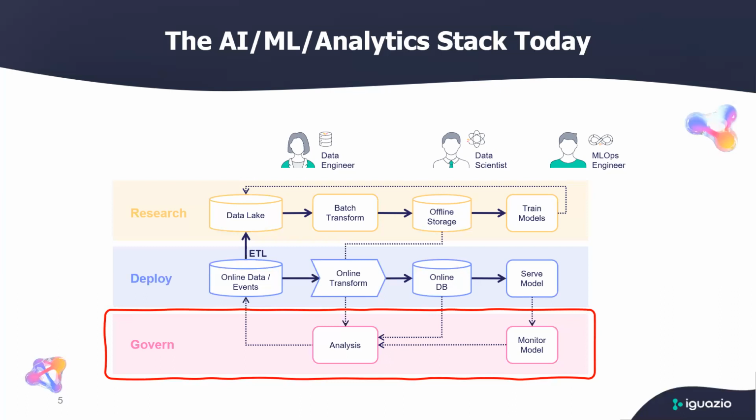But now there's a third pipeline, which is growing in importance, especially because of legal reasons and because of those attacks that we've seen. We have to see that our model is producing good results, and there are two aspects to that. We need to first monitor the model in a more real-time manner, using stream processing to see in real time that the model behaves, and monitor the number of transactions, the data, and so on.